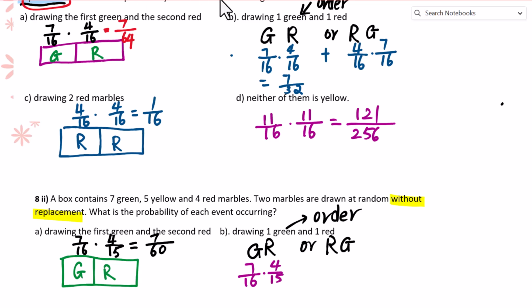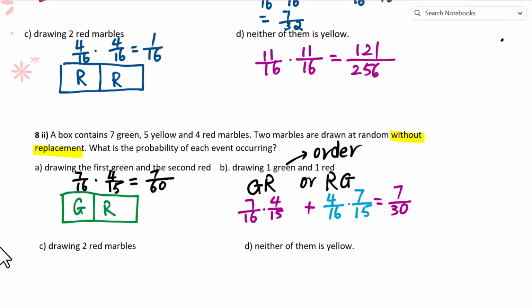Probability of getting the first red is 4 over 16. Since it's without replacement, 15 total left. Out of 15, 7 are green. Then we add this together. We got 7 over 30.